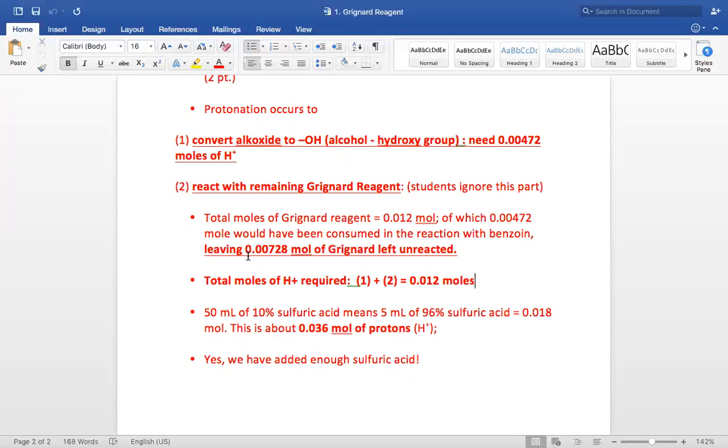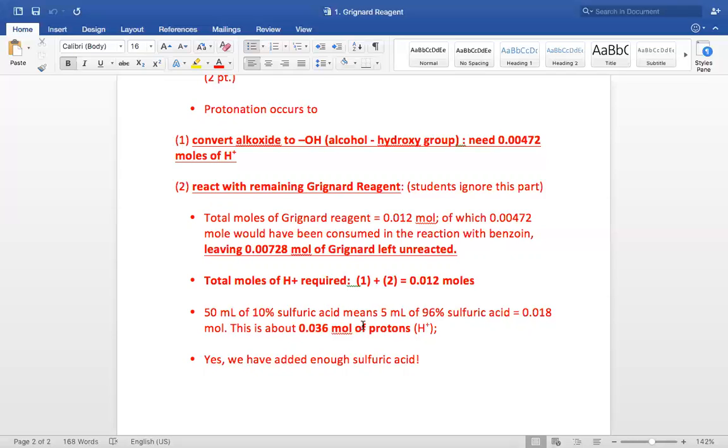So when you add these 2 numbers, the number from process 1 and the number from process 2, the combined required amount of hydrogen plus that will be used in the reaction is this much, okay?